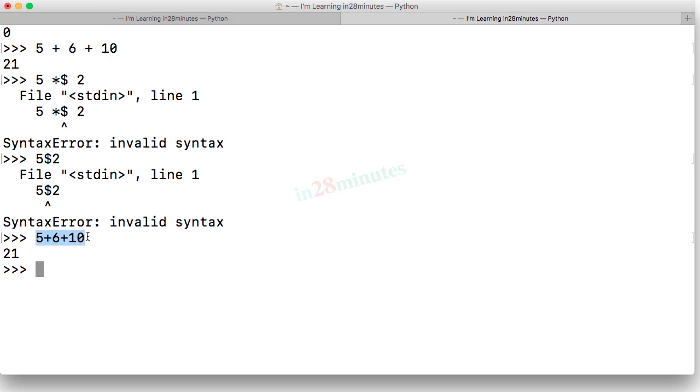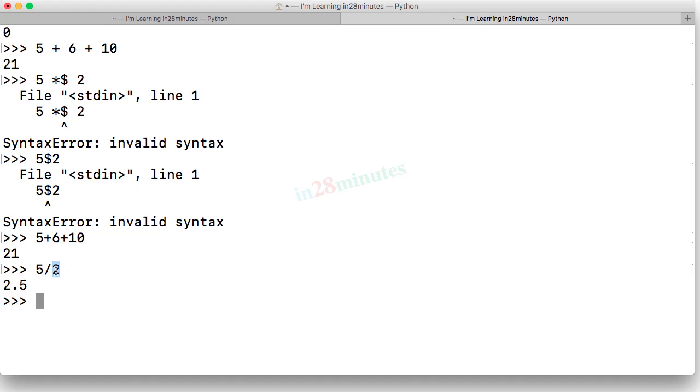Now let's look at the next puzzle. So 5 by 2. 5 divided by 2. What would be the output? 2.5. If you are coming from other programming languages like Java or C, this might be a surprising result, because if you do that in Java or C, you would get 2 as the output. Here, both the operands are integer values.